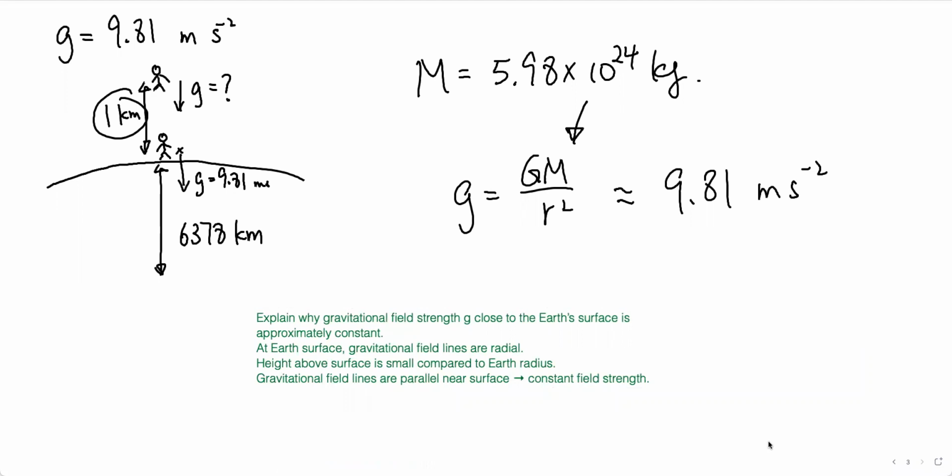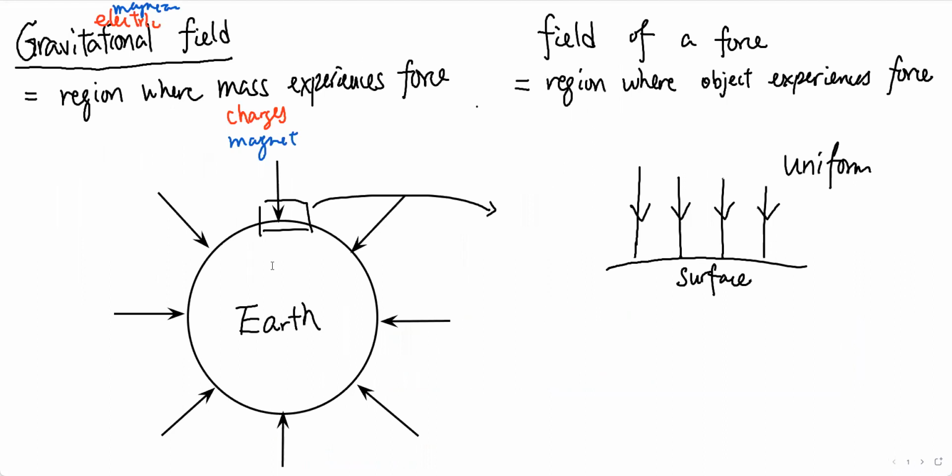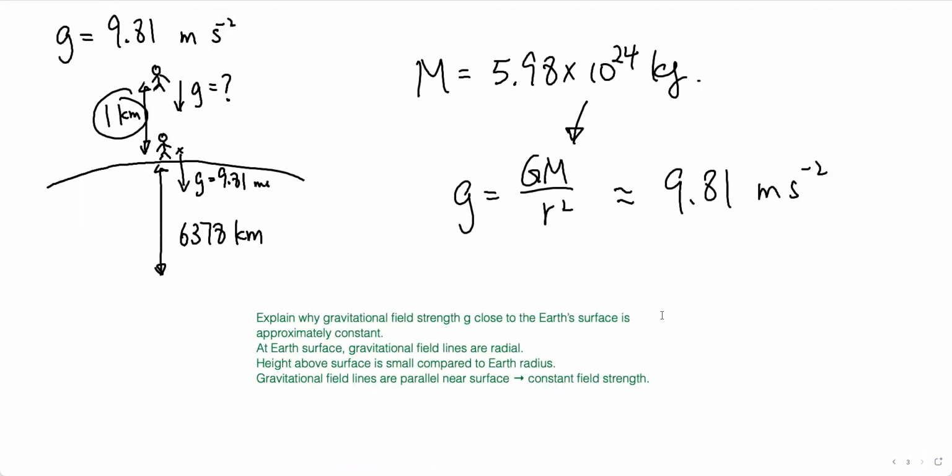At the Earth's surface, the gravitational field lines are radial. Radial, you know what is meant by radial? I've drawn before. You just look at the diagram. The left-hand side is called radial. And the height above the Earth's surface is comparable, comparable means, in this case, much smaller than the radius of the Earth.